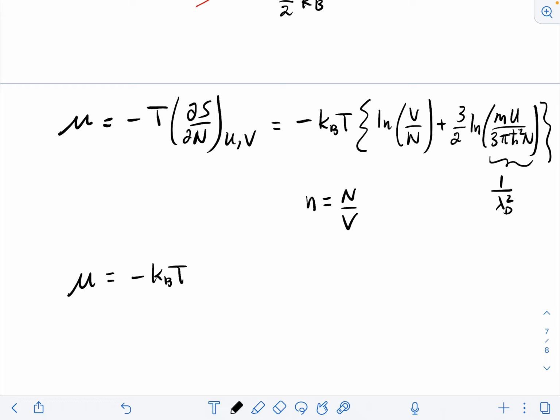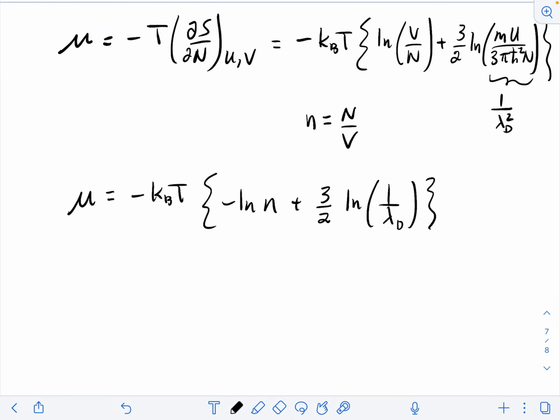Okay, and so our chemical potential then of our classical gas is going to be minus kBT times minus ln of the number density plus 3/2 ln 1 over lambda d squared. Okay, so if we distribute the negative sign, we have kBT ln of n minus 3/2 ln of 1 over lambda d squared.